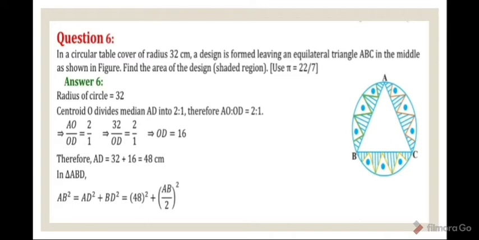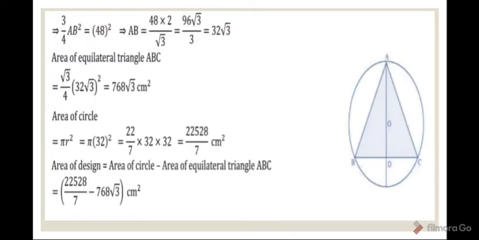If you look at this diagram, I am considering this one as the center. Join this AO and extend it. As you can see, this AD will be the median for the BC side.